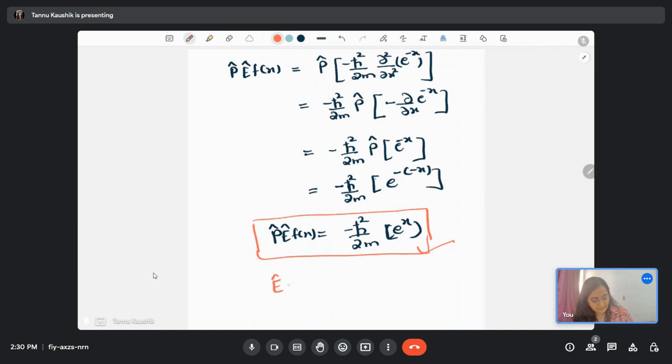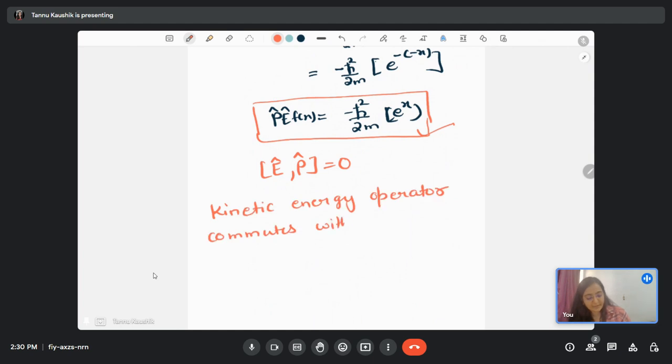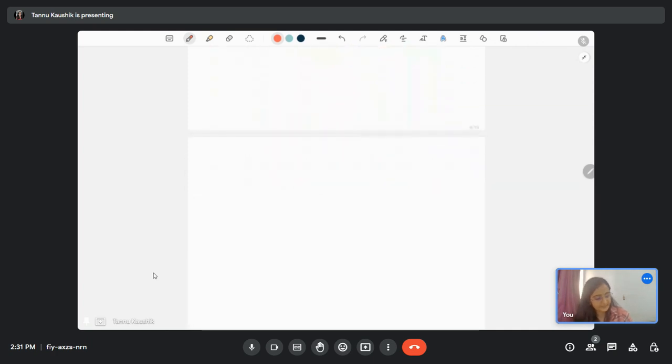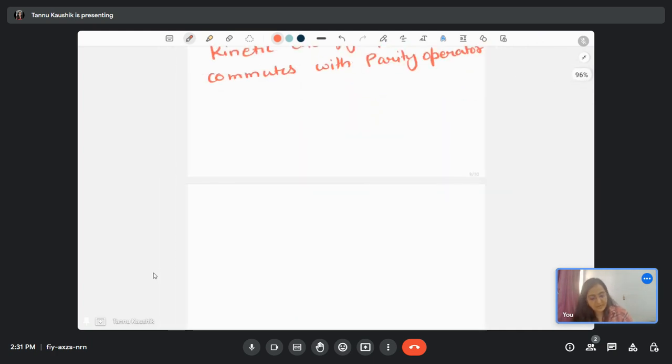So what we can say is that the kinetic energy operator commutes with the parity operator.